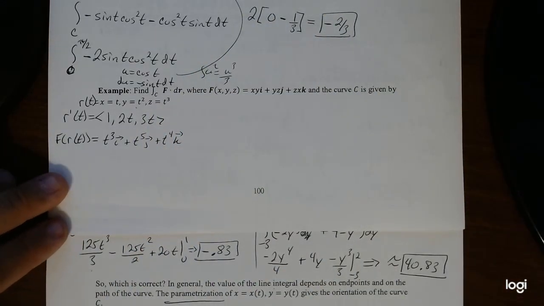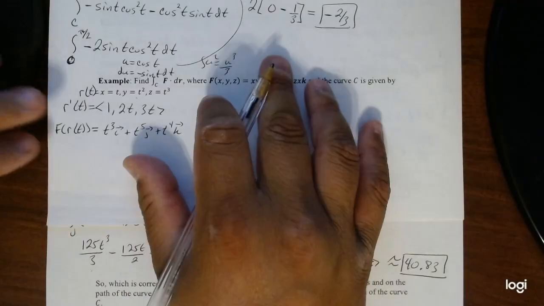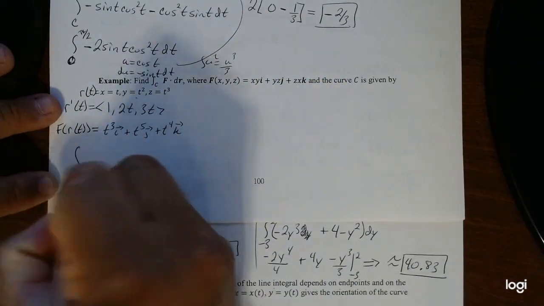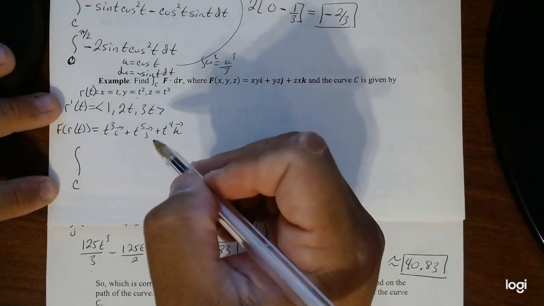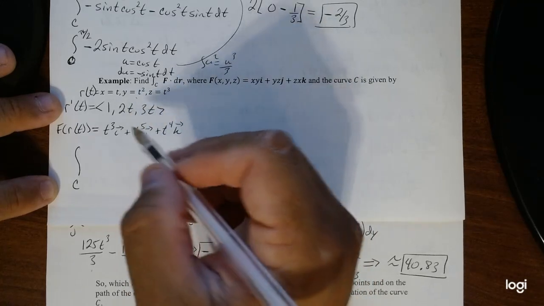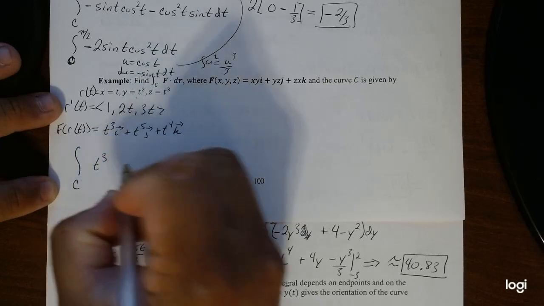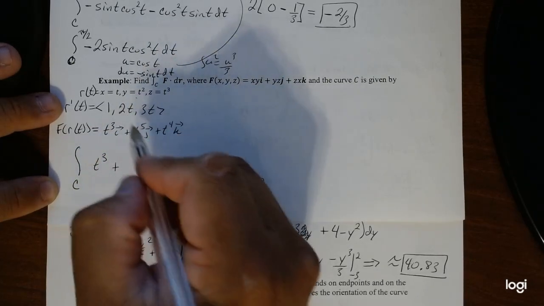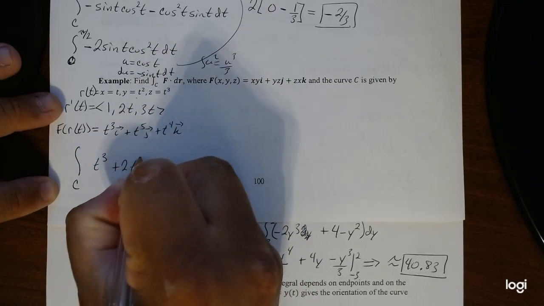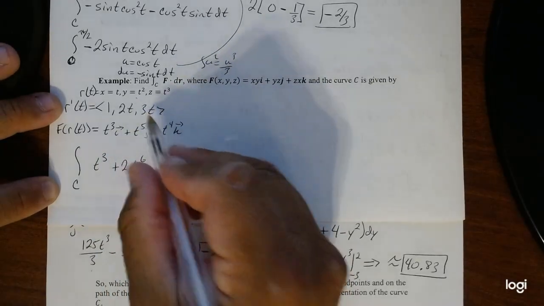Okay, so now our integral is, again, the dot product of these two. So that times that, that times that, and then that times that.